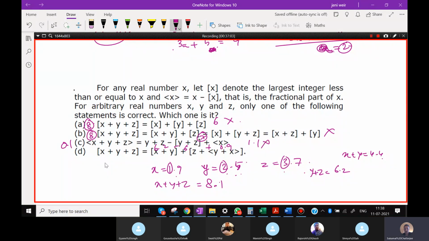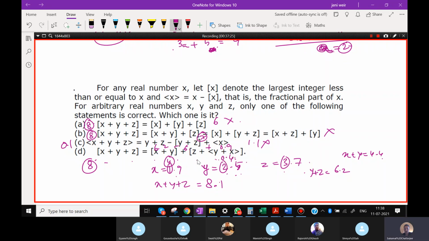The last one is box of x plus y plus z, which is 8, equals box of x plus y, which is 4, plus z minus fractional part of y plus x. Fractional part of y plus x is 0.4.